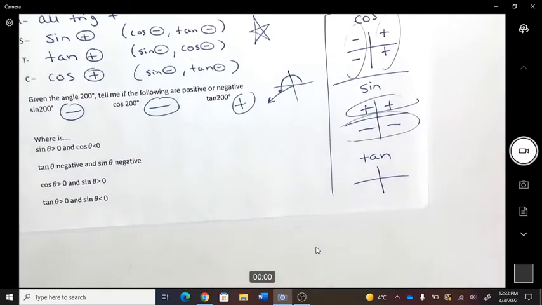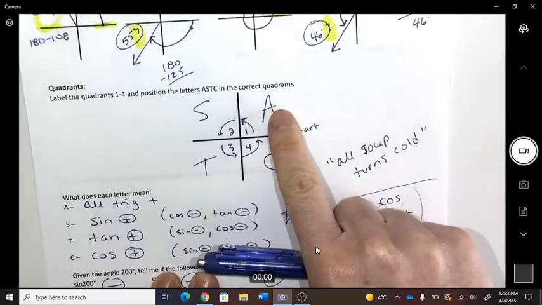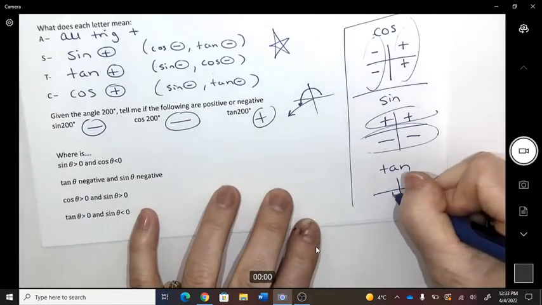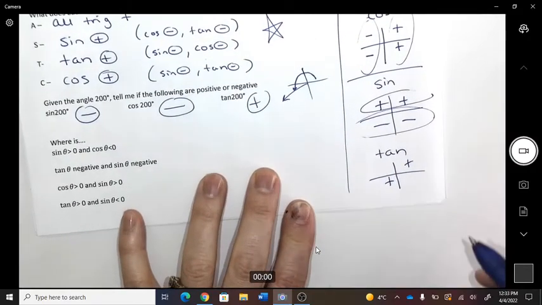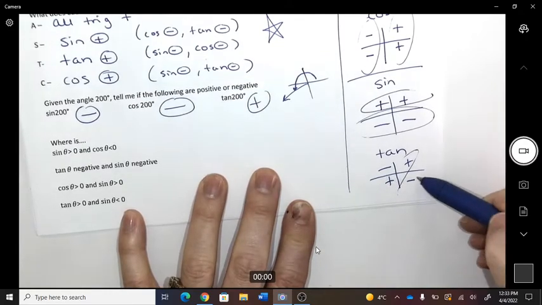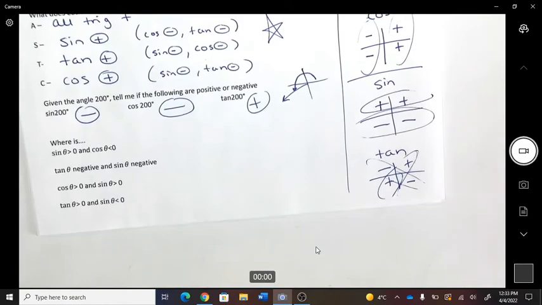This helps just to make it faster, but where is tan positive? In the A and the T. So therefore it's negative in the others. So tan splits diagonally. That's just a little bit of a cheat sheet to help you do it faster.